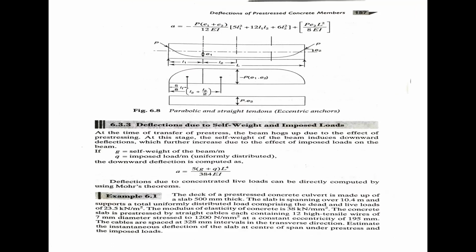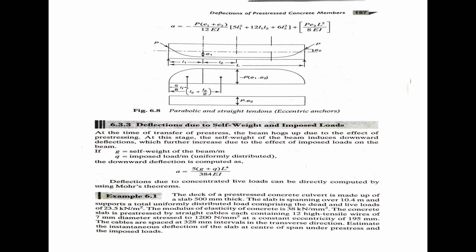The deck of a prestressed concrete culvert is made up of a slab 500 mm thick. The slab is spanning over 10.4 meters and supports a total uniformly distributed load, comprising the dead and live loads, of 23.5 kN per meter square. The modulus of elasticity of concrete is 38 kN per mm square.